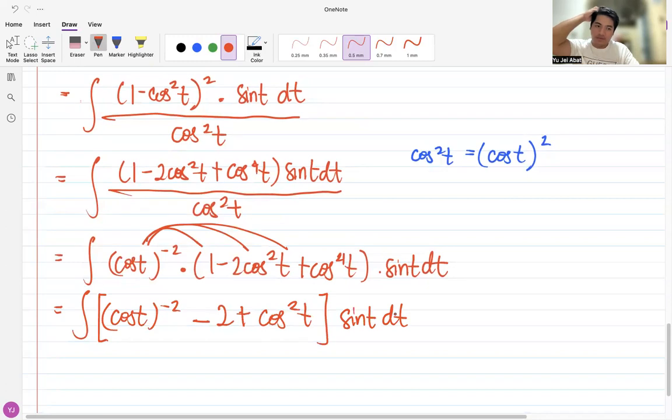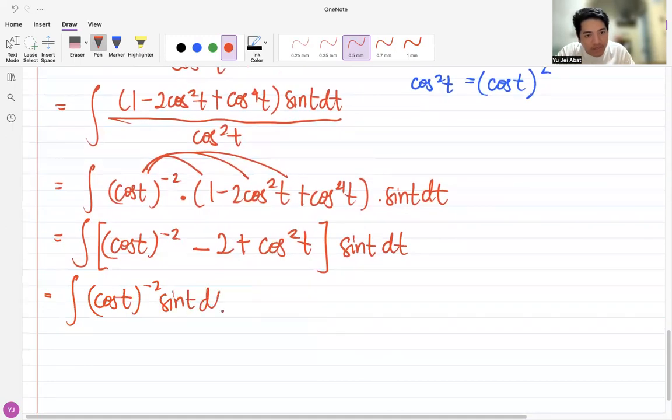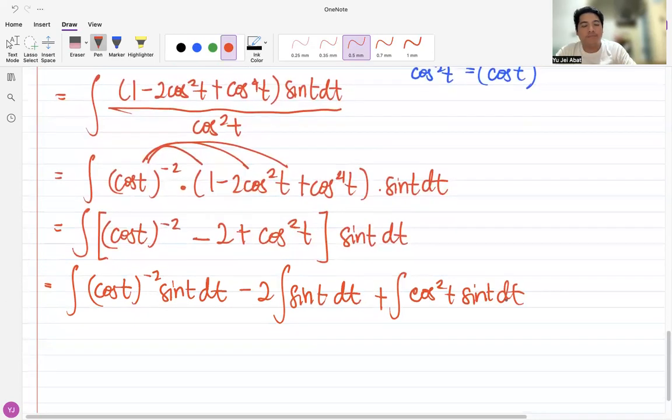Okay, and then we're going to evaluate. So we're going to distribute. I have the integral of cosine of t raised to negative 2 sine of t dt minus 2 integral of sine of t dt, plus integral of cosine squared of t sine of t dt.